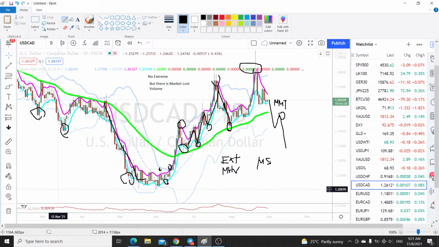Another way is called market structure, like I showed you here. In the lower time frame, what you look for is this double top, or triple top. Sometimes it can happen. This is the kind of thing that we look for.